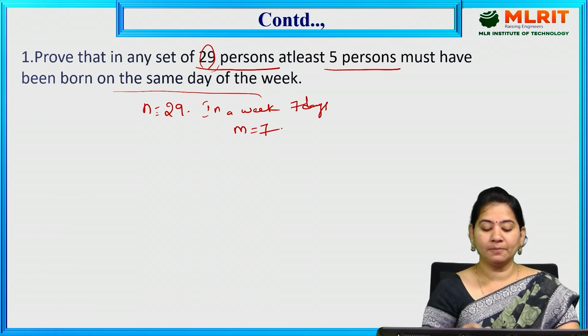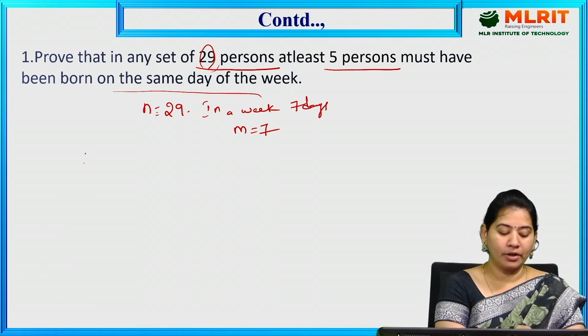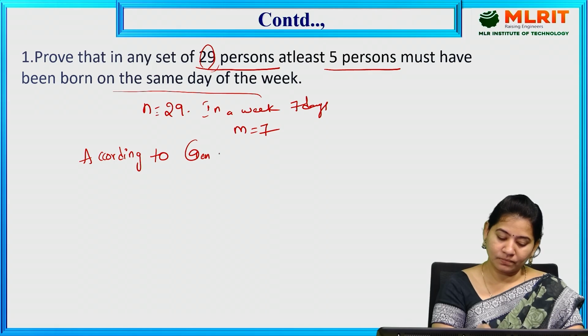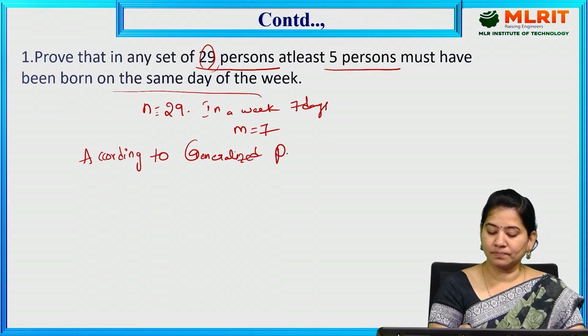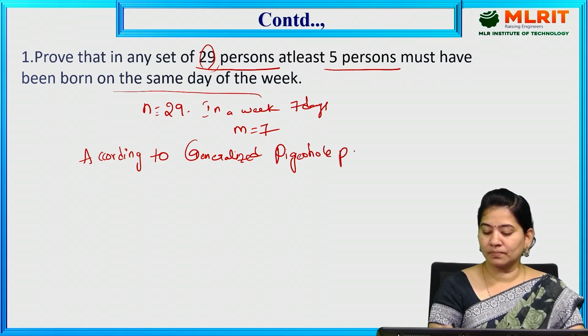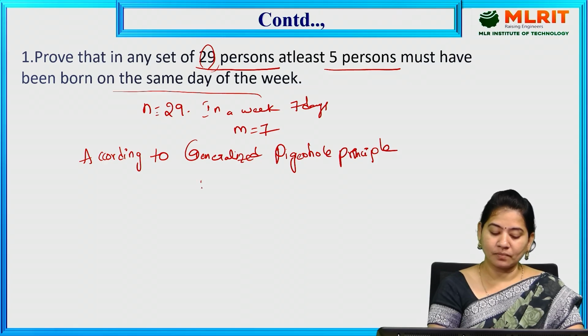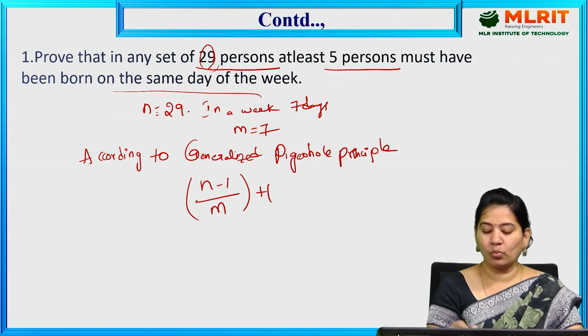Now we know the formula according to the generalized pigeonhole principle: (n minus 1) by m, plus 1.